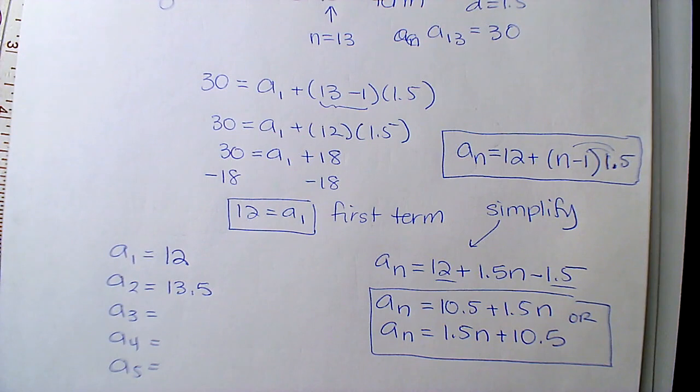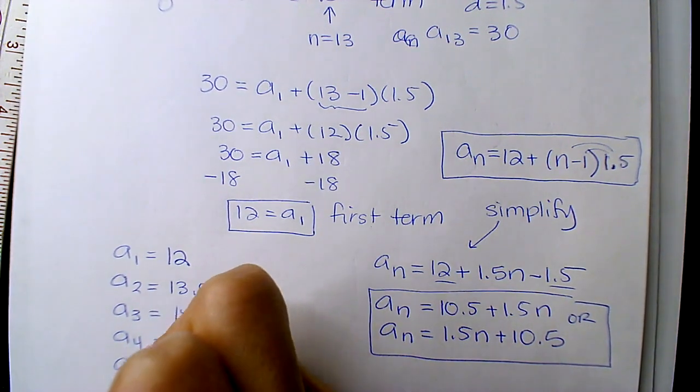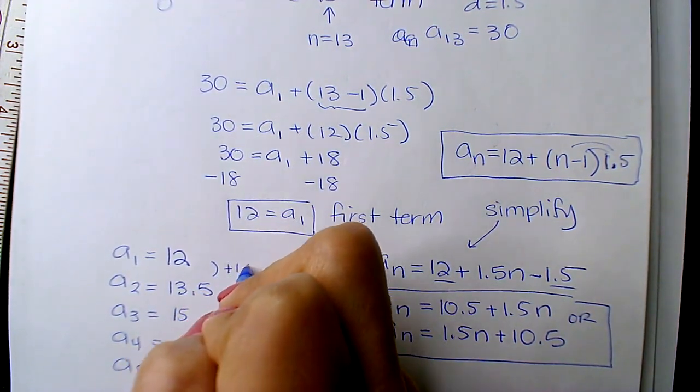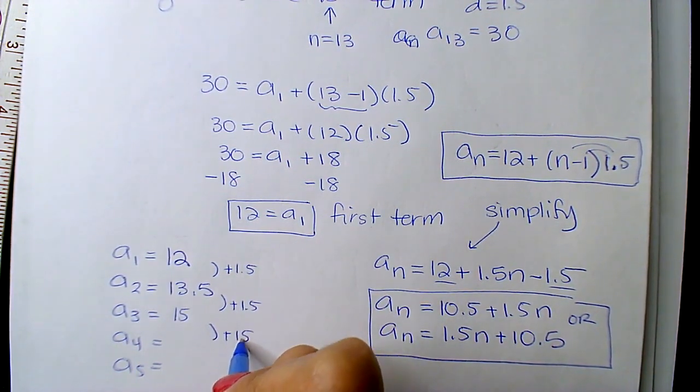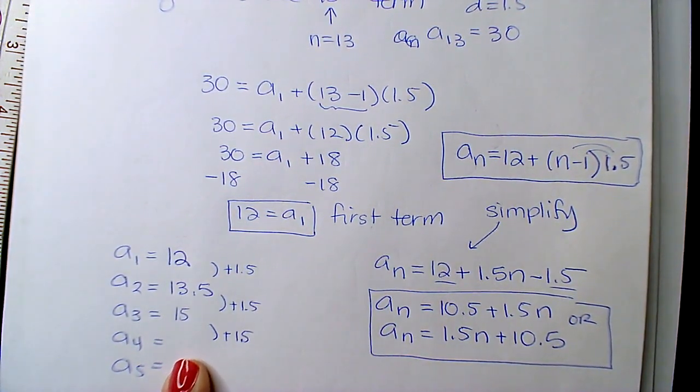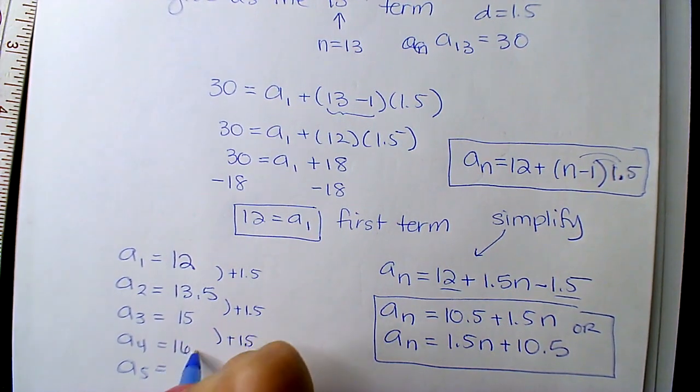Okay, what's the third term? Huh? 15? I know you knew. Okay, so remember, the common difference is 1.5. Whoops, not 15. So what's this? 16. Yeah, and then 18.